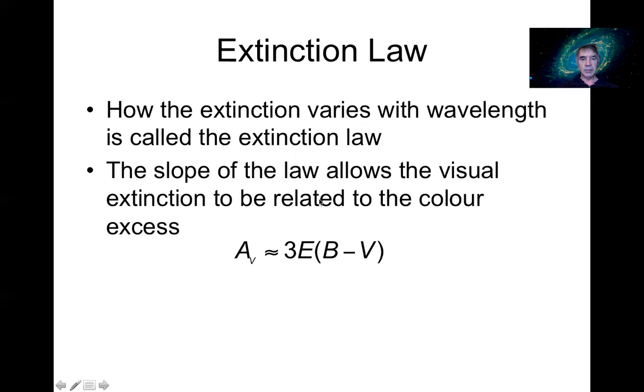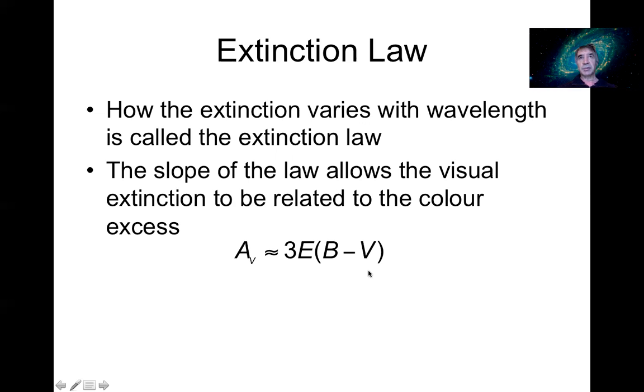But a nice relationship that comes out of the idea that there is a fairly sort of universal extinction law as to how the extinction varies with wavelength, allows us to relate these 2 quantities. Okay, so that A_V is about 3 times E(B minus V).